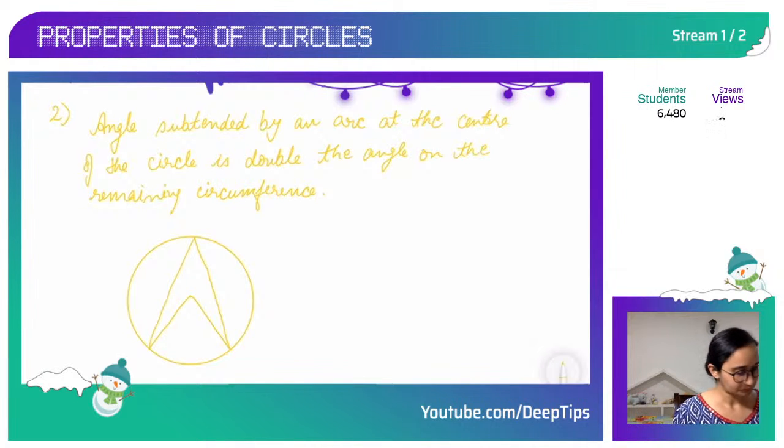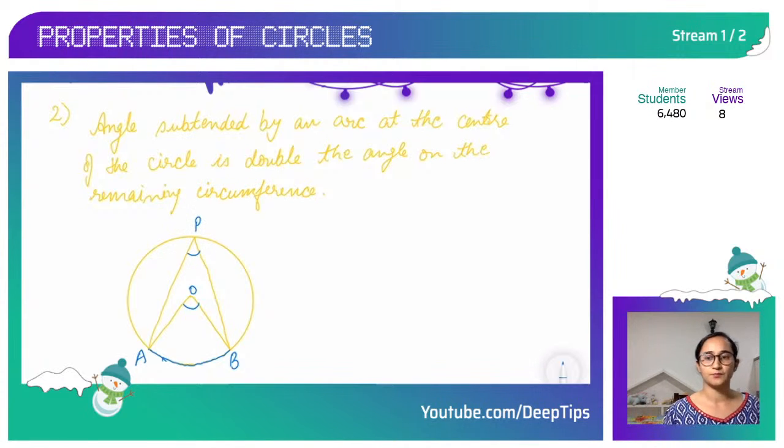Okay. So can you see here I have my arc AB. So this arc AB is subtending this angle at the center O, and this angle on the circumference.